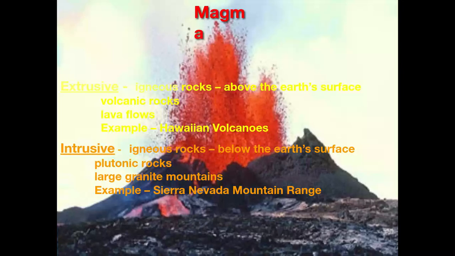So to start with magma, magma is either going to cool below the Earth's surface or above the Earth's surface. As it cools either above or below, it's going to produce two distinctive types of igneous rocks. If magma cools above the Earth's surface, those are known as extrusive igneous rocks.